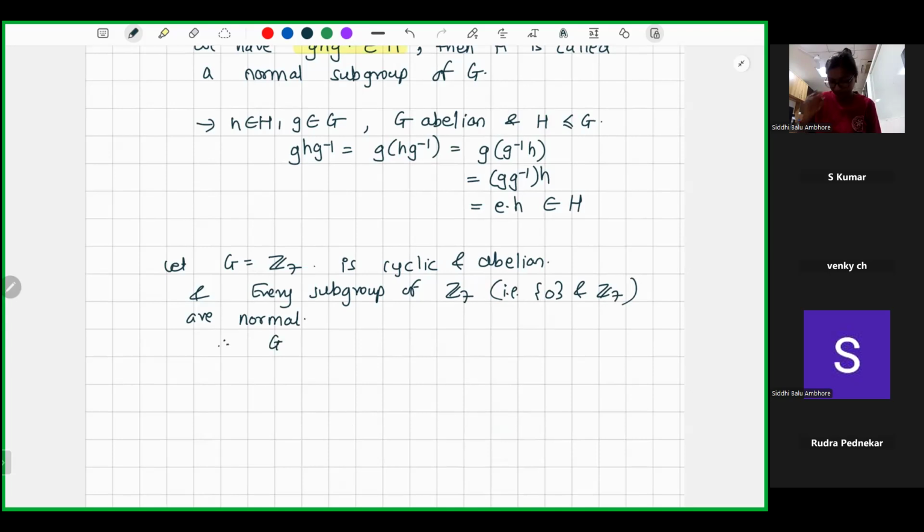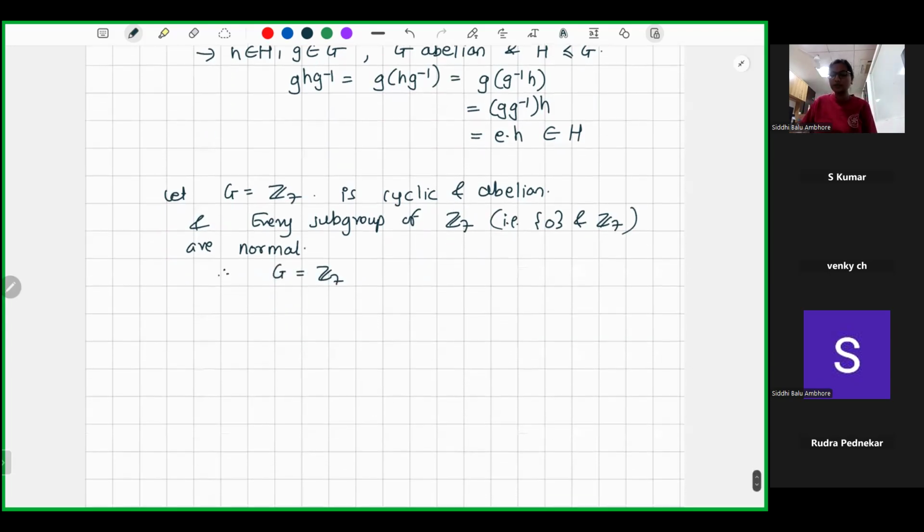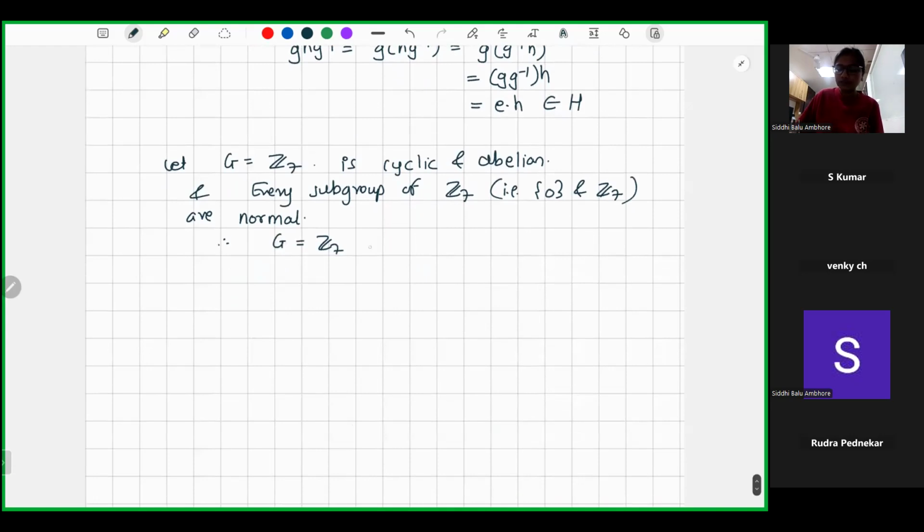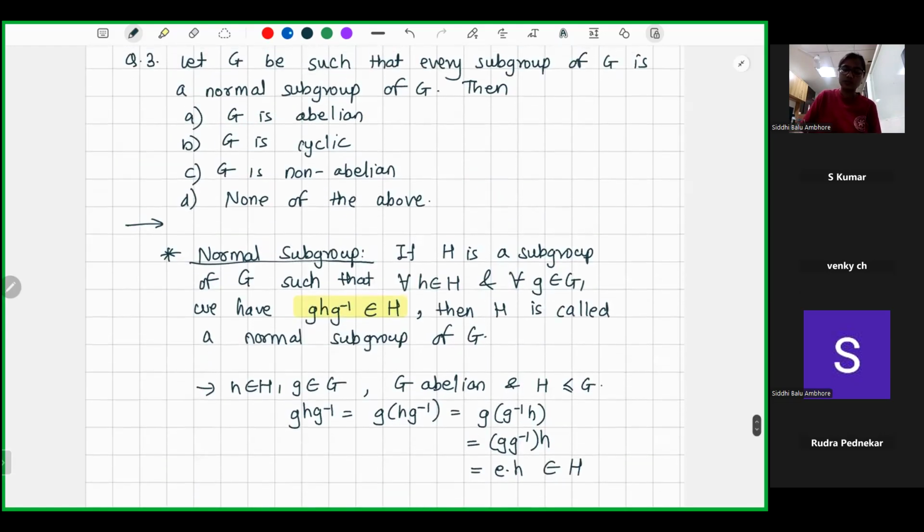Therefore, G is equal to Z7, but Z7 is not non-abelian. So therefore, this is not true. Okay, so this one is not true, G being non-abelian.